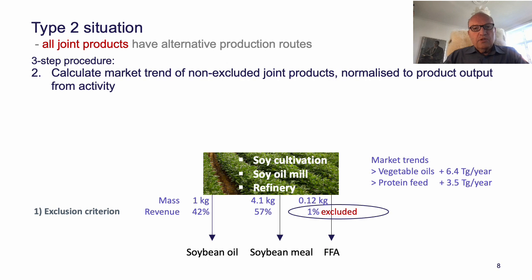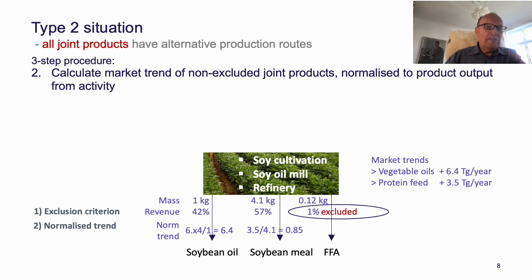Now, taking these 2 market trends and normalizing them to the outputs of the soybean meal, that means dividing by the 1 kilogram for the soybean oil and the 4.1 kilogram for the soybean meal, then you have the normalized trends of 6.4 and 0.85. Clearly, the soybean oil has the highest normalized trend.